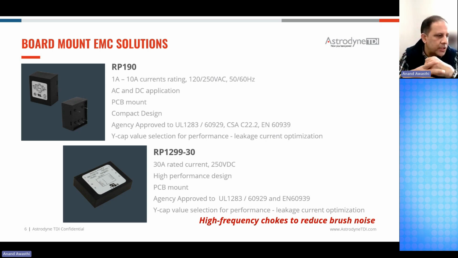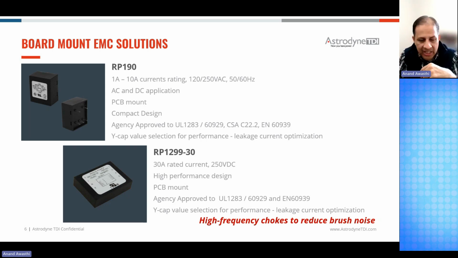Now, all our filters, including the RP190 and 1299 and all the other discrete box type chassis mount filters, which is not a focus today but I just want to put it out there, have certain options that are selectable by the customer. For example, the Y cap value. As a part of the part numbering scheme, let's say you're selecting an RP190 series filter and you want a 10 amp filter.